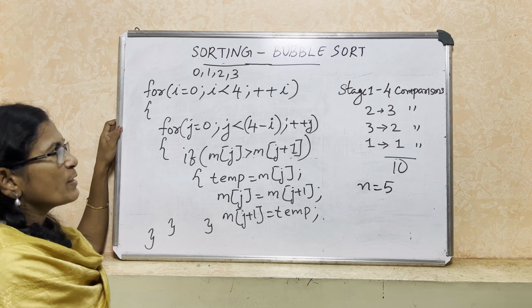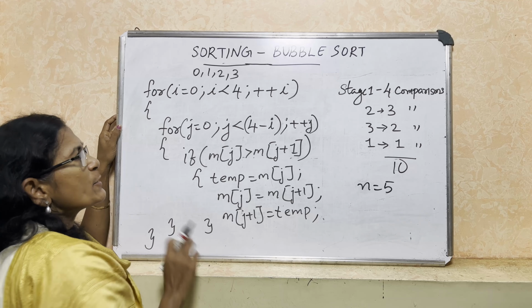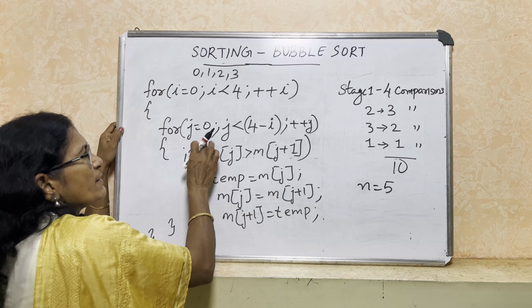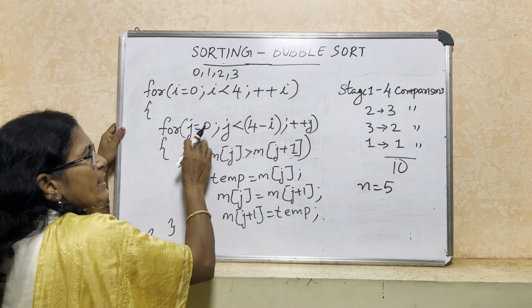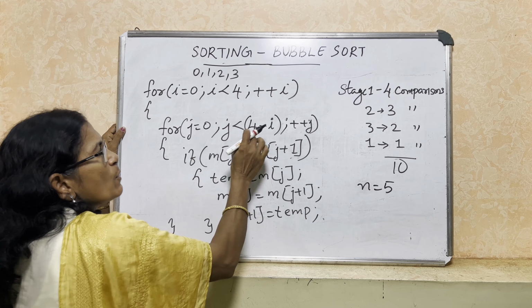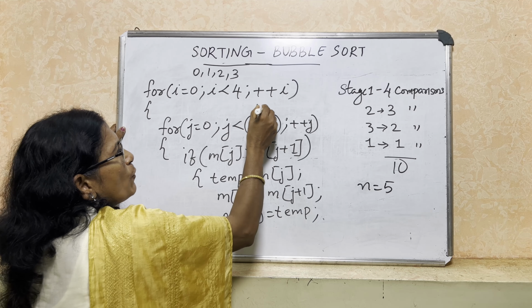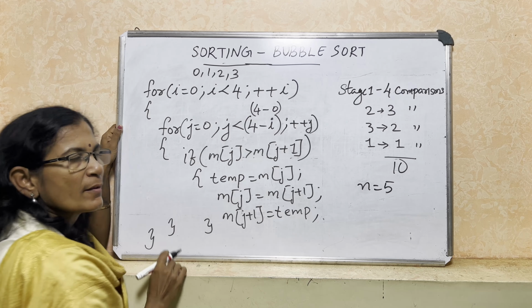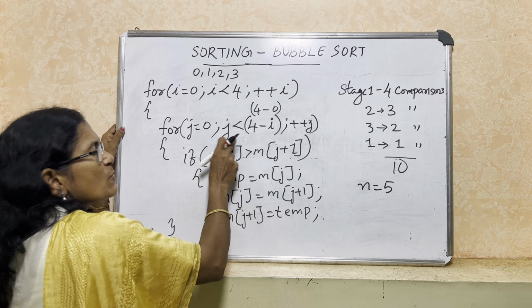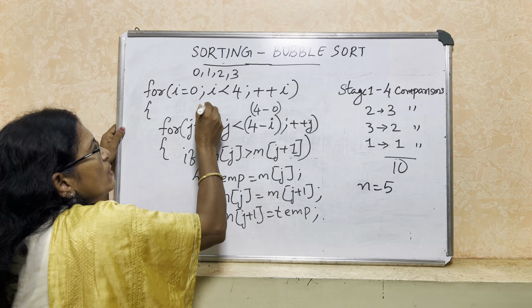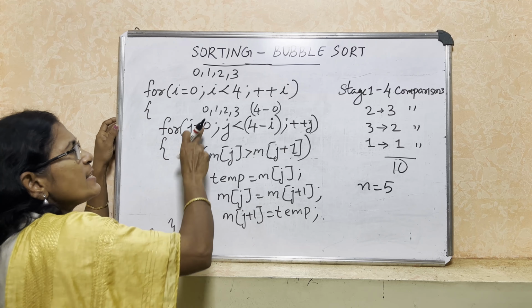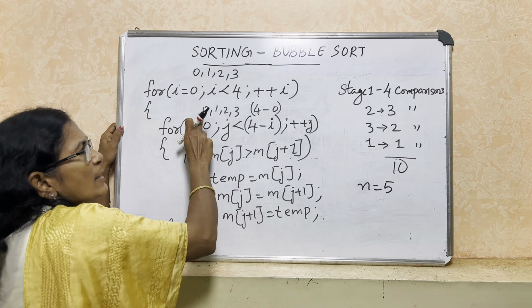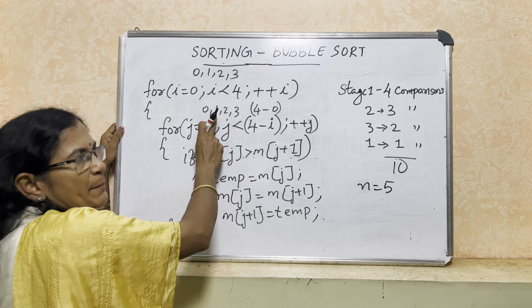Let us see how it works. When I is equal to 0, j takes all the values from 0 to 3. So 4 minus 0 is 4, and j takes the values 0, 1, 2, 3. When j is equal to 0, elements at 0 and 1 will be compared.